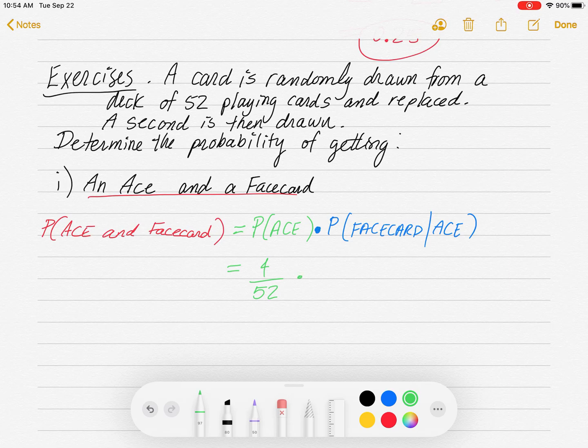All right, now we're looking at the probability in blue there, probability of getting a face card after we got an ace. Now remember that you're assuming here you got an ace on the first draw if you're looking at this probability, right? But that ace is going to get replaced, right? By replaced, I mean we're putting that ace back in the deck. As soon as we draw out the first card, which in this case we're assuming is an ace, we're going to put it back in the deck.